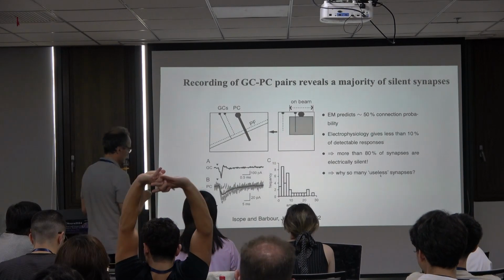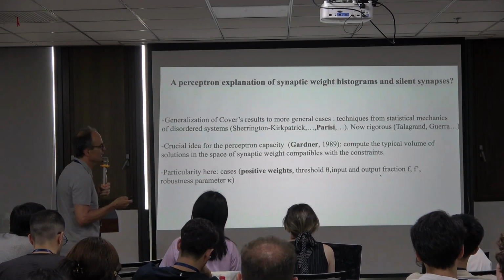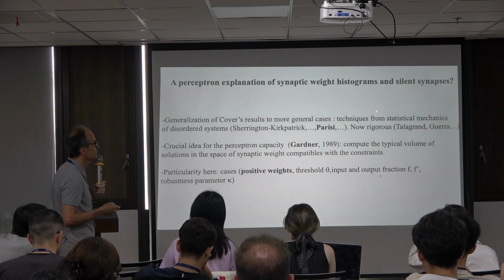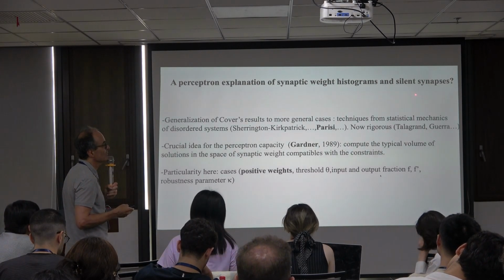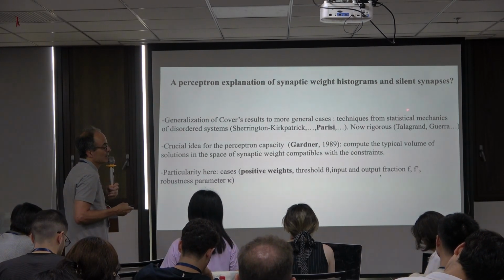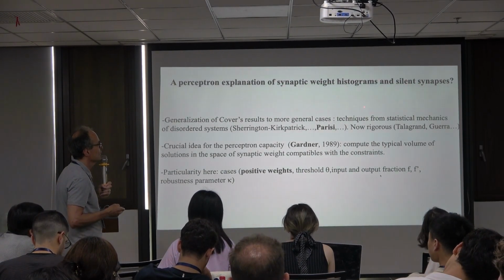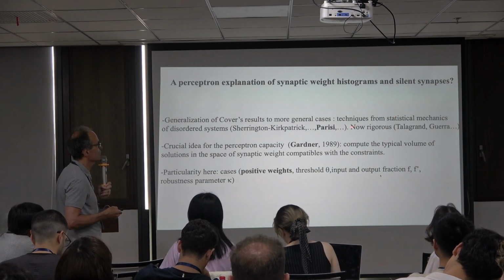So if you think that maybe there is some truth in this perceptron idea, you can try to estimate, at least, the distribution of synaptic weights from the perceptron. This is a bit more involved calculation than the Cover techniques.